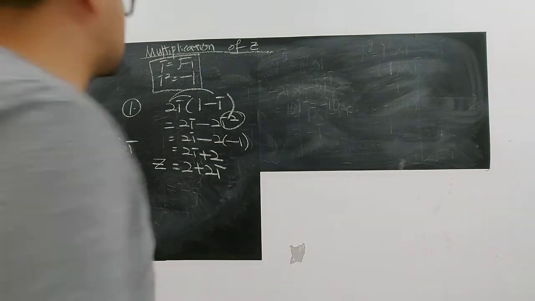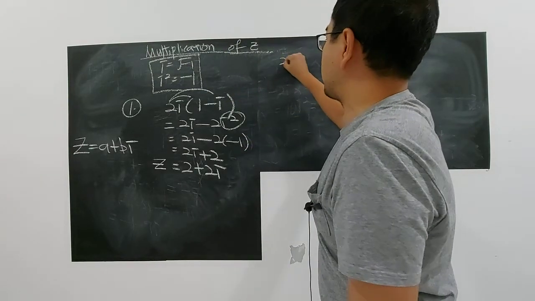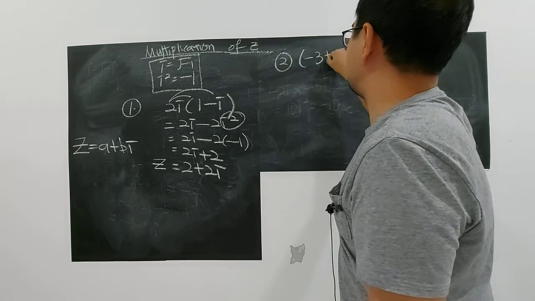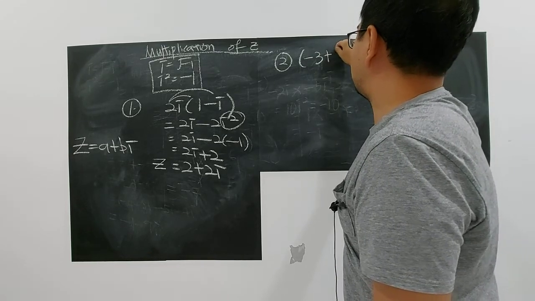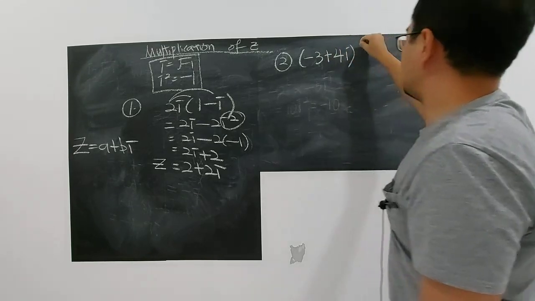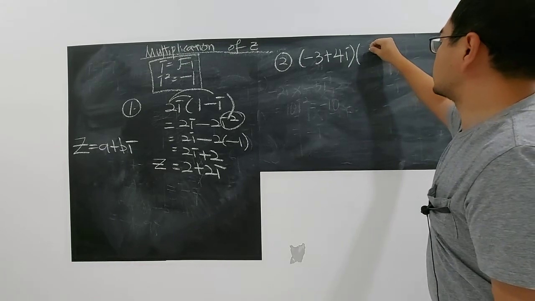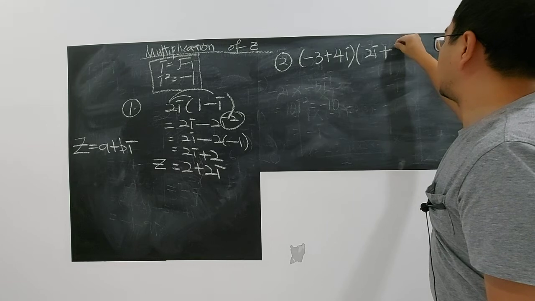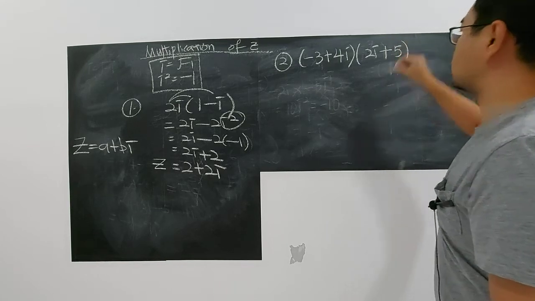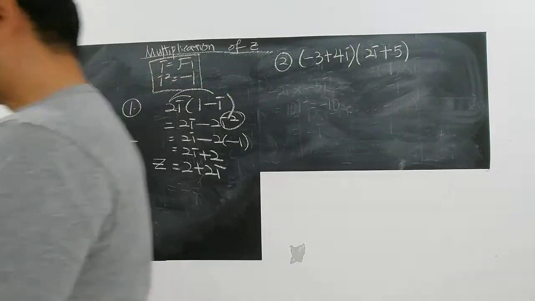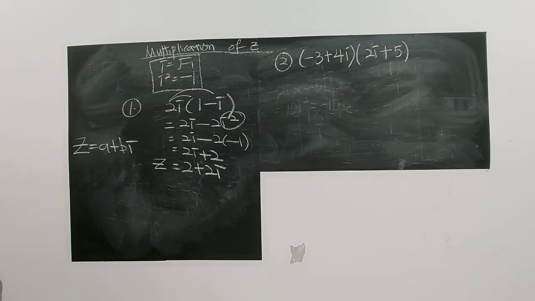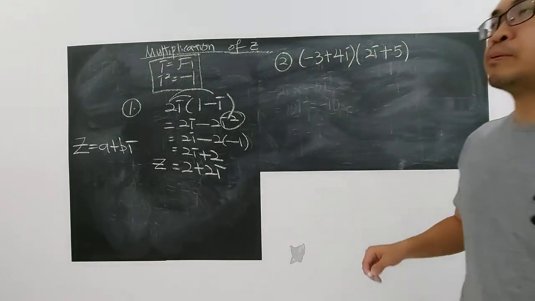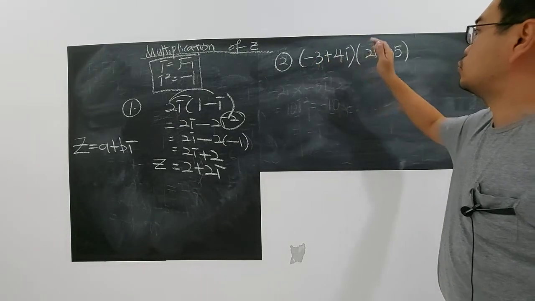Let's move on. I give you another two examples. For example, I have negative 3 plus 4i multiplied with 2i plus 5. How to simplify this multiplication? It's the same as when you multiply x plus 2 with 2 plus x.